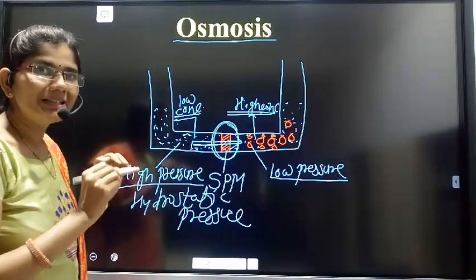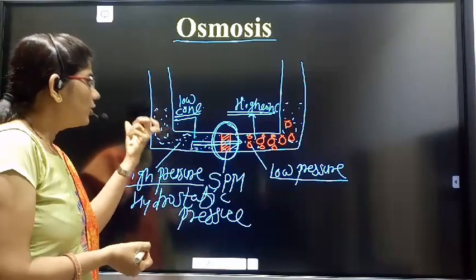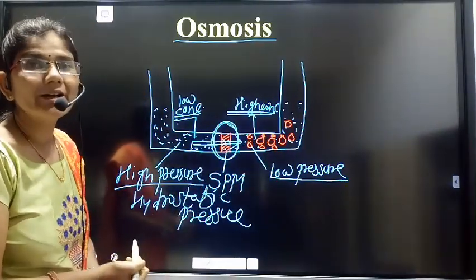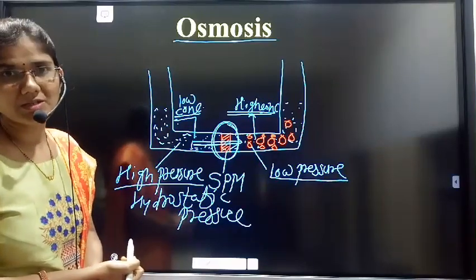Therefore there is a net flow of solvent molecules from lower concentration region to higher concentration region, and this is called osmosis.